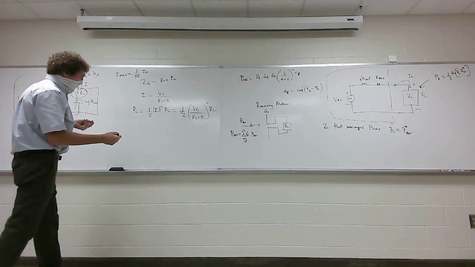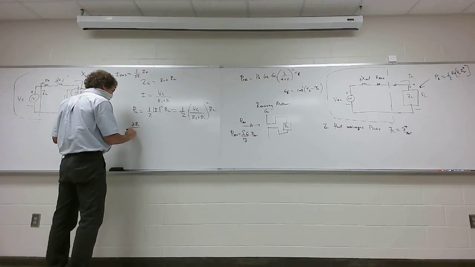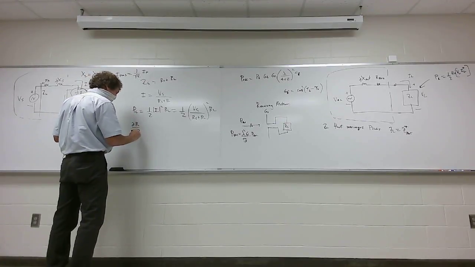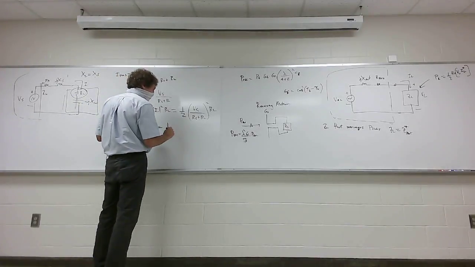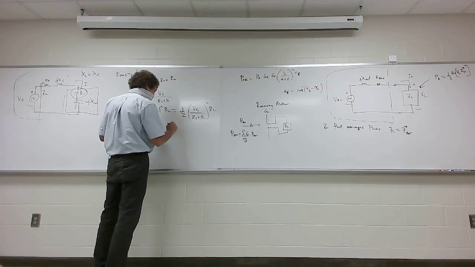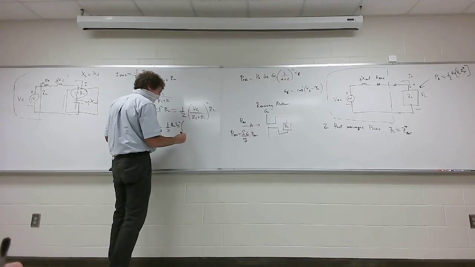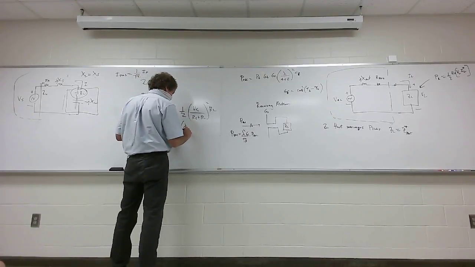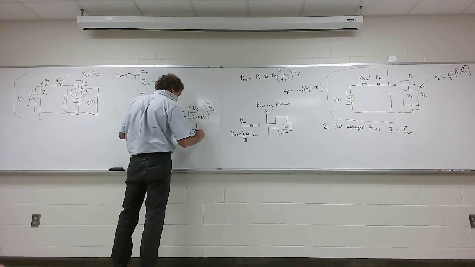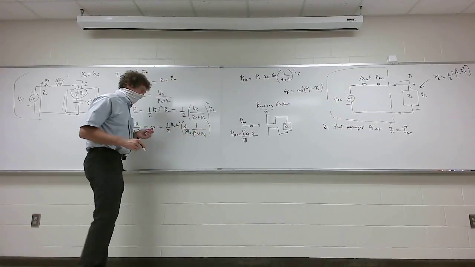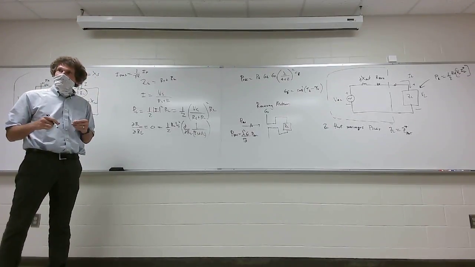I try not to bore you with this, but you would actually take the derivative of the load power with respect to RL, if we're talking about R load here, and set it equal to 0. That's 1/2, and then it would be RL times the derivative of this. You can get Vs squared out front, and then you have the derivative with respect to RL of 1 over Rs plus RL. I'm just writing down what the derivative is. I factored out the constants. Vs is a constant. You all with me?